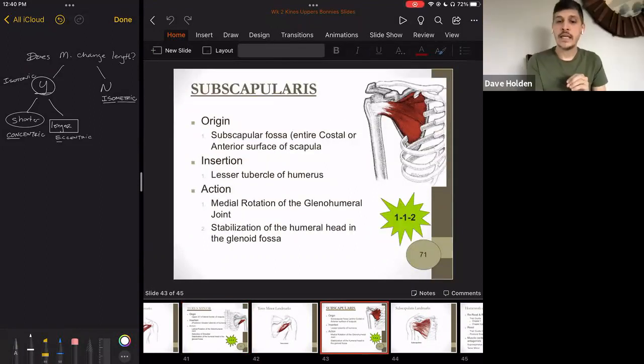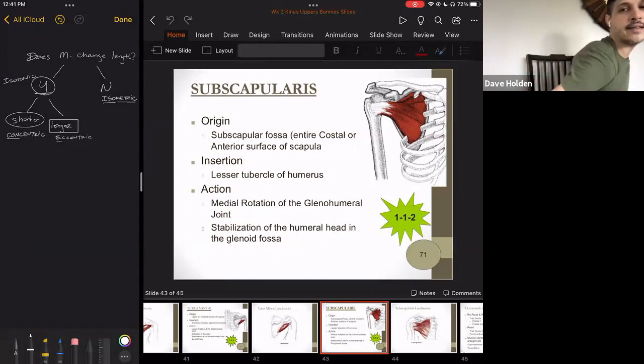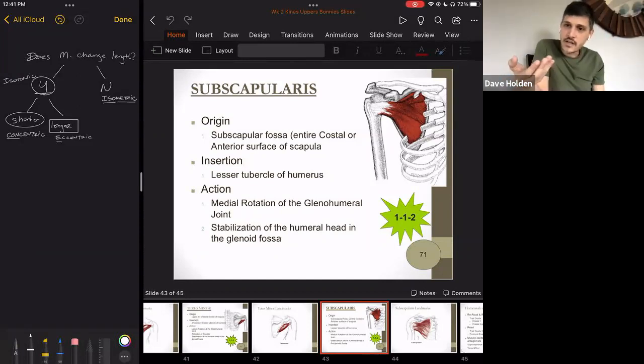Our last muscle in this group is subscapularis. Now, subscapularis originates on the subscapular fossa. So it is sandwiched between the scapula and the ribs. You have to really kind of wing the scapula and get your fingers underneath the shoulder blade in order to get your fingers on this muscle.